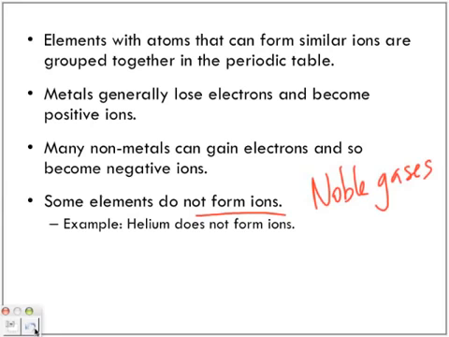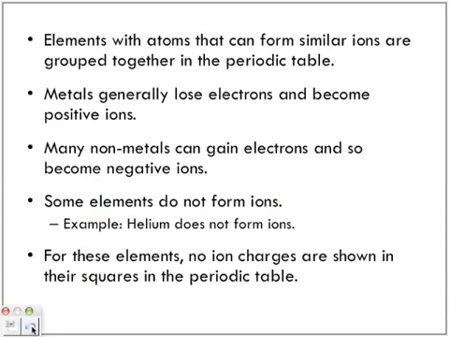These noble gases are in their most stable state. For these elements, no ion charges are shown in their squares in the periodic table. Those are the only elements that really show no charge. You'll see some of the metals also don't show them, but we'll talk about that at a more senior level.